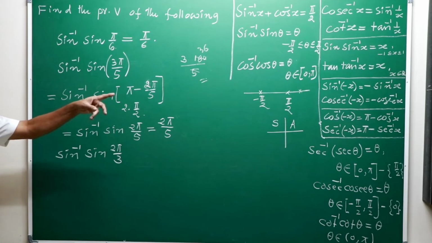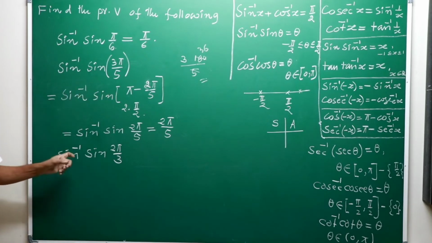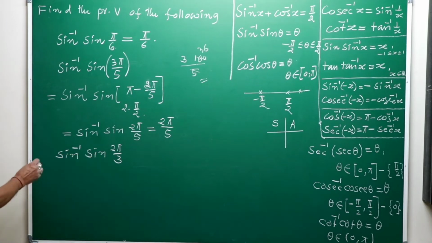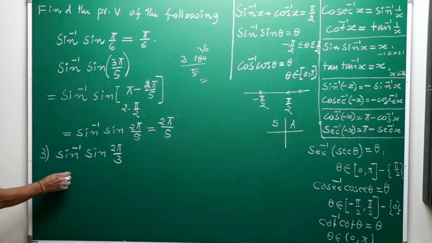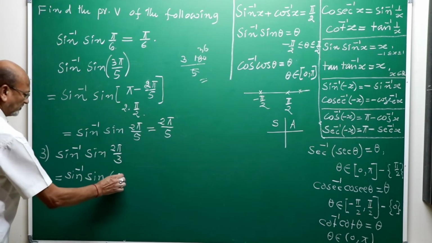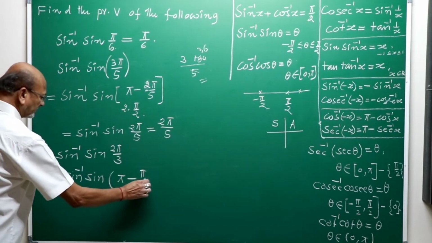What is 120? Greater than 90. Then directly we can't write this as 2 pi by 3. We can't write. Then what you have to do? Just operate it. Equal to sine inverse of sine, this can be written as pi minus pi by 3.